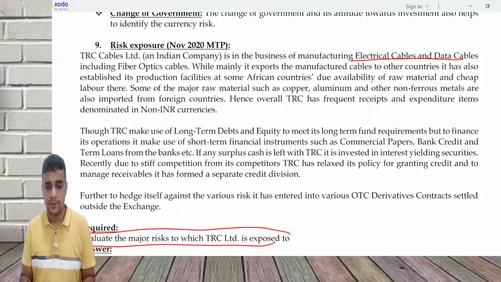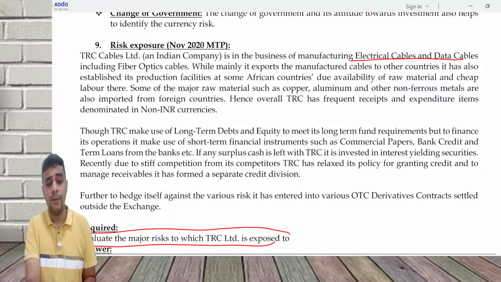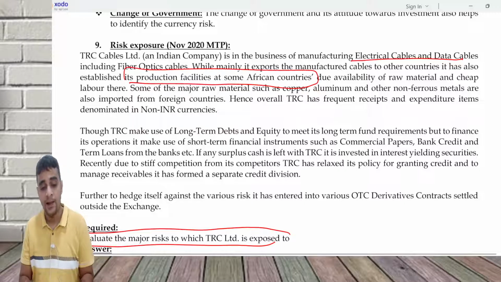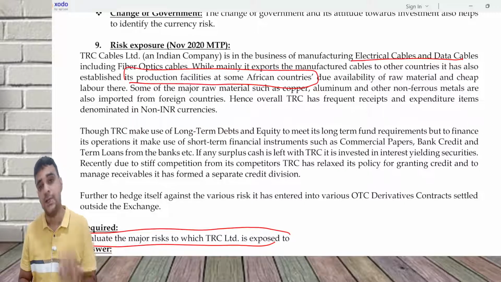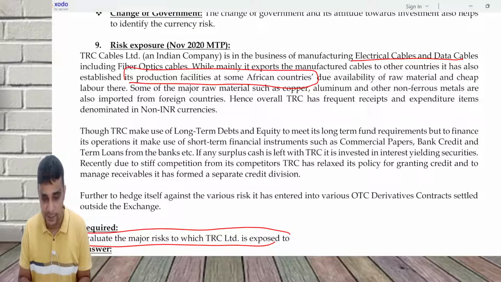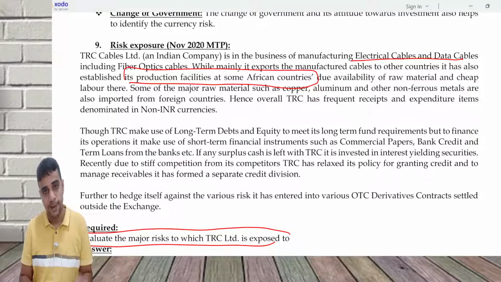While it mainly exports the manufactured cable to other countries, it has also established its production facility in some African country. This exposes me to political risk, because an Indian company has a manufacturing facility in some other country.